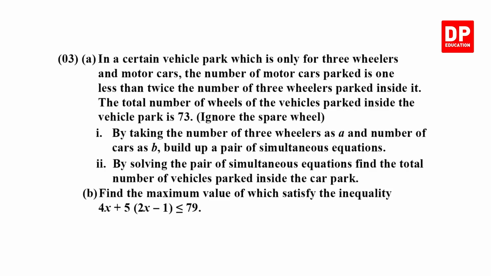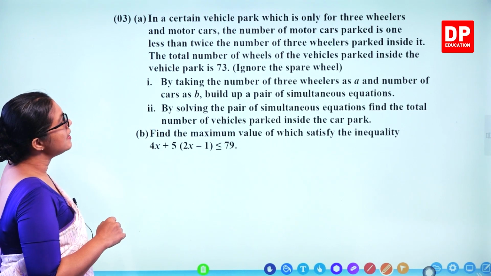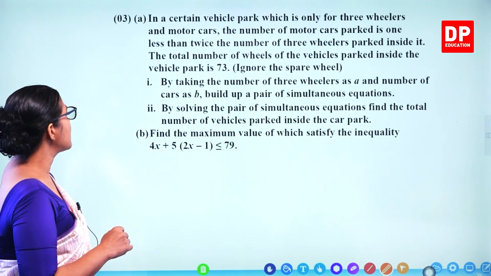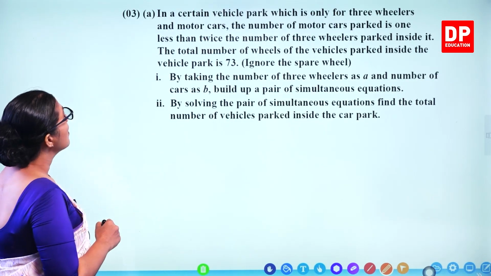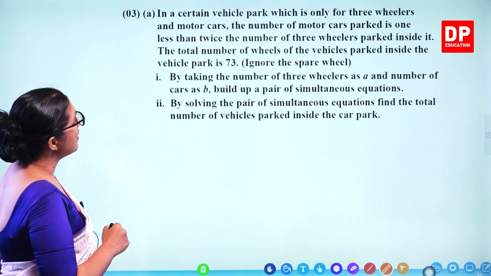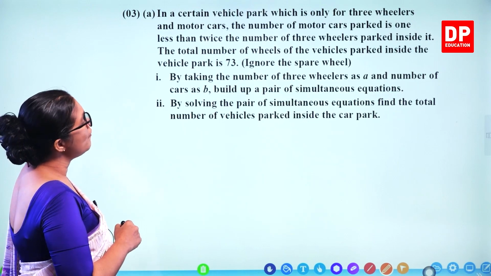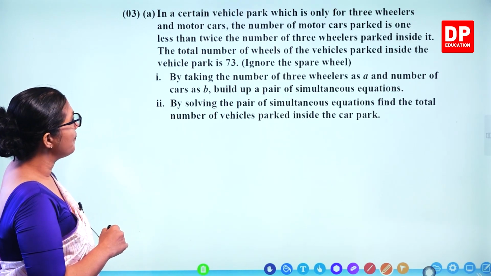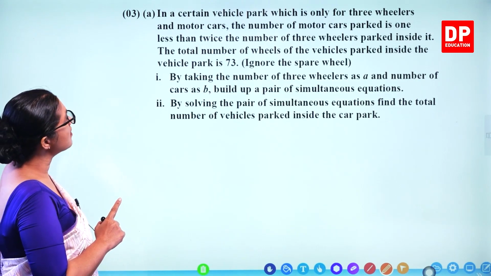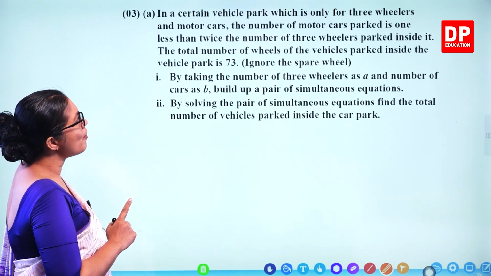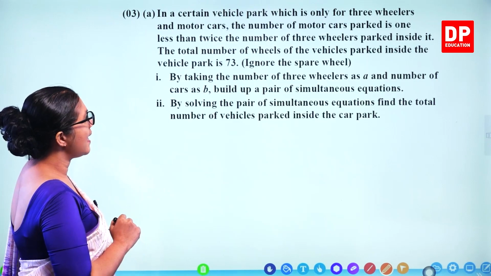Question number 3. This is about simultaneous equations and inequalities. So let's do question number 3. In a certain vehicle park which is only for three-wheelers and motor cars, the number of motor cars parked is 1 less than twice the number of three-wheelers parked inside it.